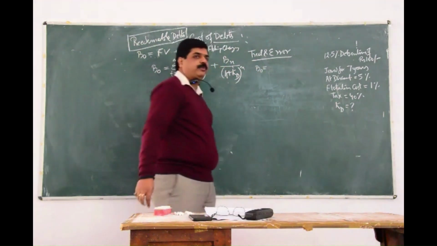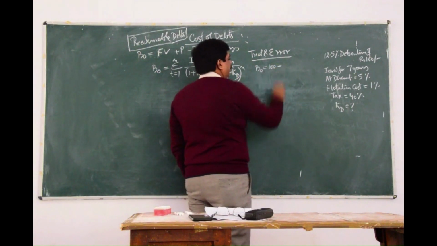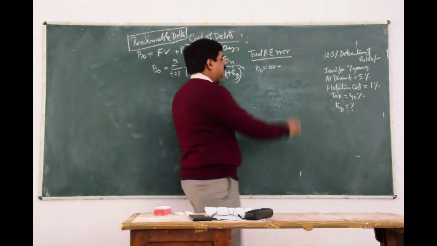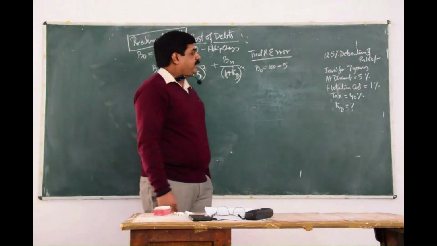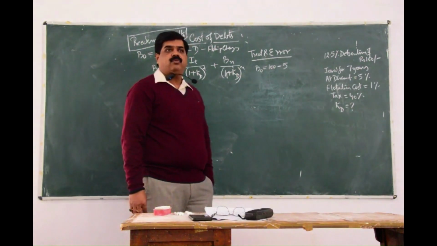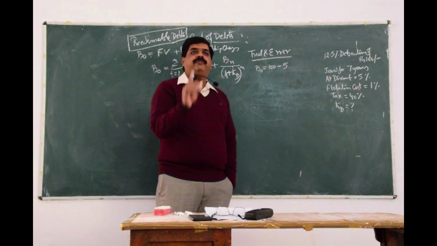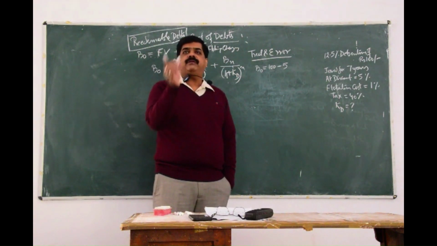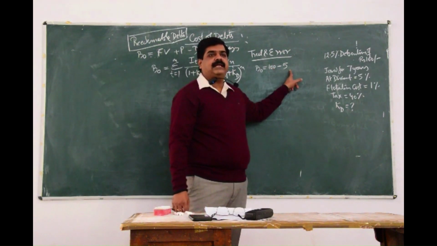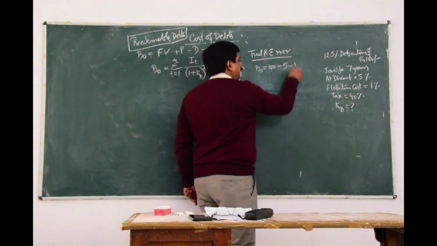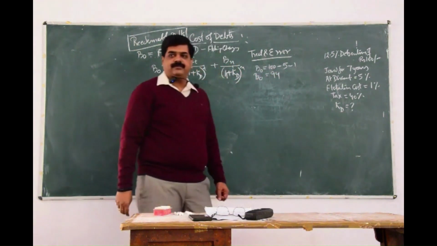Issue price is 100 minus discount. Discount is rupees 5, it is 5%. Floatation charges are given as 1, and I already said floatation charges will be calculated on the face value or issue value, whichever is higher. So face value is higher, because issue value becomes 95 minus 1, it becomes 94. So 94 is your issue price.